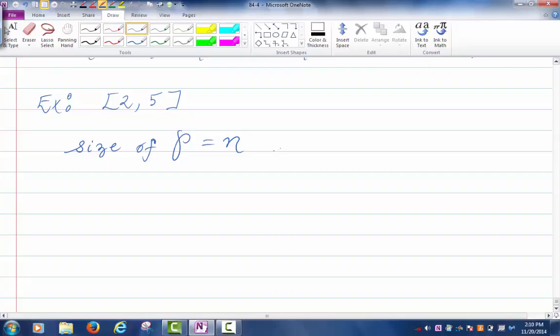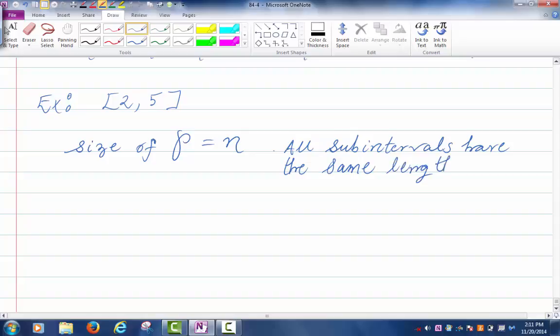So all subintervals have the same length. Now, what's the length of each subinterval?